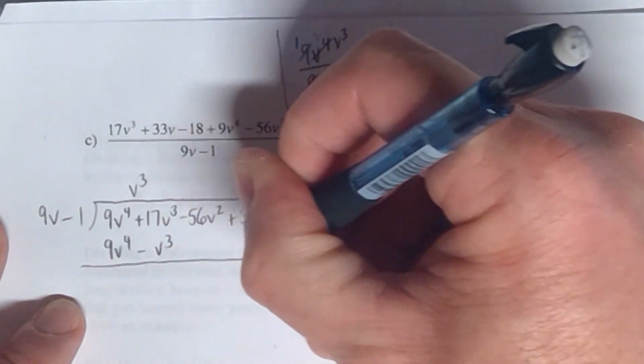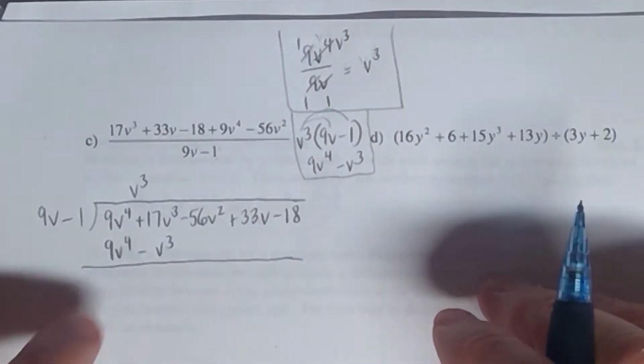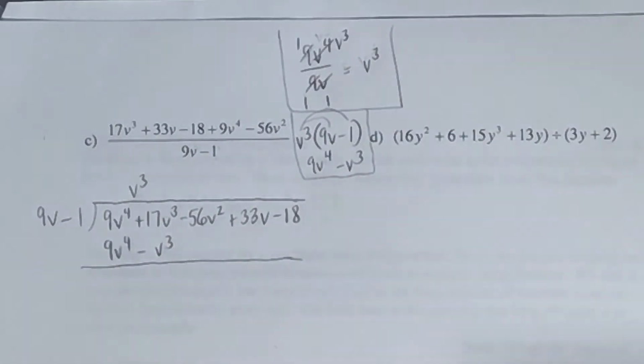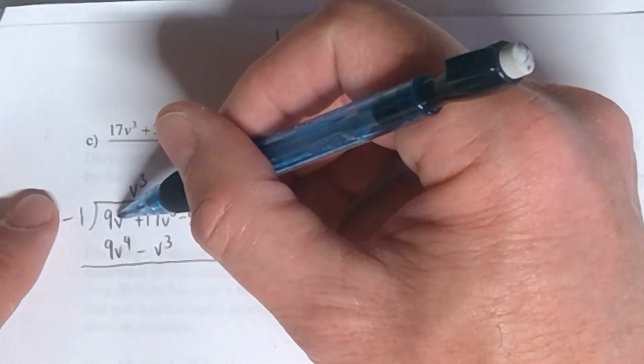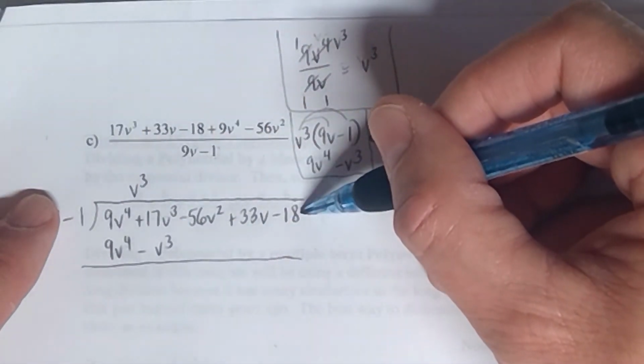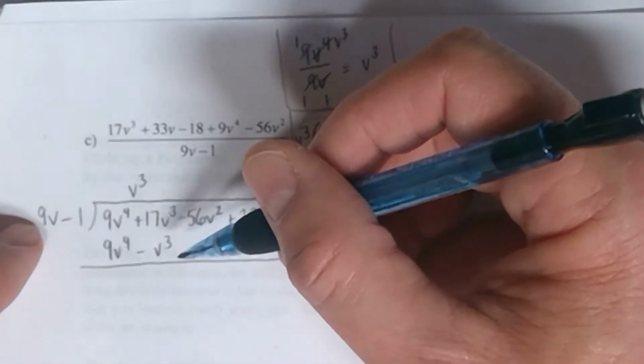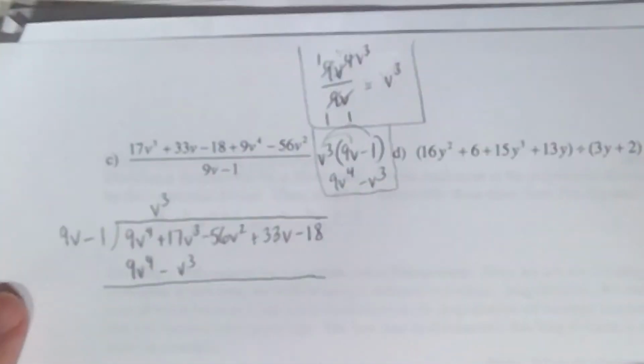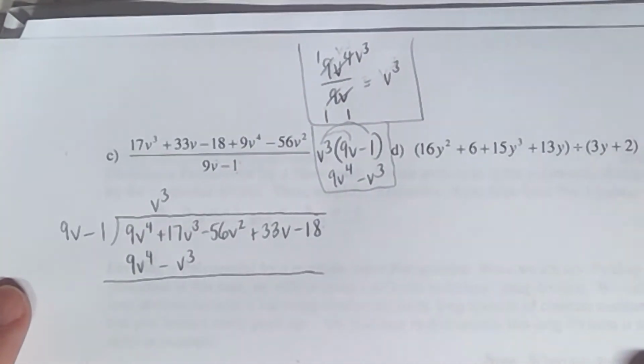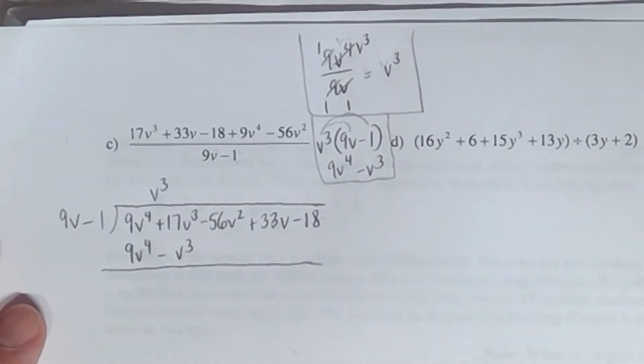Okay, and then what did we do after that? We need to subtract, right? But here's the problem, though. I need to subtract this entire first polynomial minus this entire one. The textbook, if you're looking at that, teaches it a little bit differently, but it doesn't always work the way they teach. It works most of the time, but not all the time.